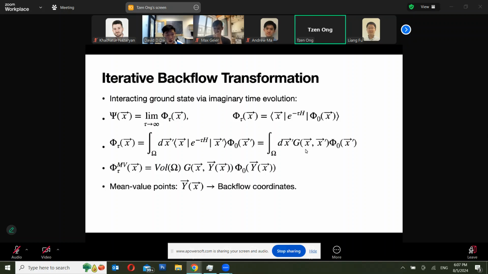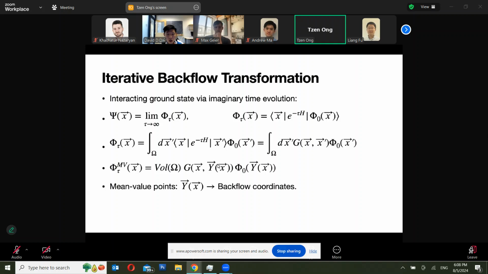So if you carry out this integral, G of x prime phi naught of x prime, it will give you a finite value over the domain omega, and then you can represent this value by some centroid value for x prime in terms of y.